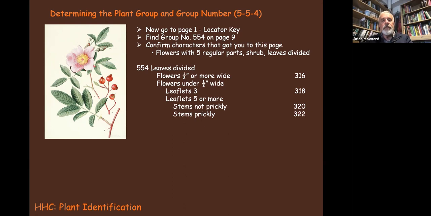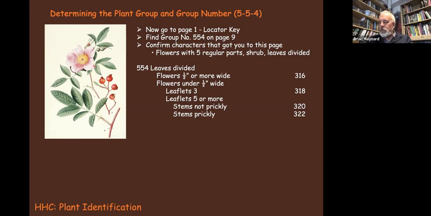So then the next question under 554 is the question. There are more questions, and they are indicated by the indentation of the questions. So equal indentations represent basically multiple choices that we make, typically 2, but they can be 3 or even 4 choices that we make to get to a finer definition or identification of the plant.